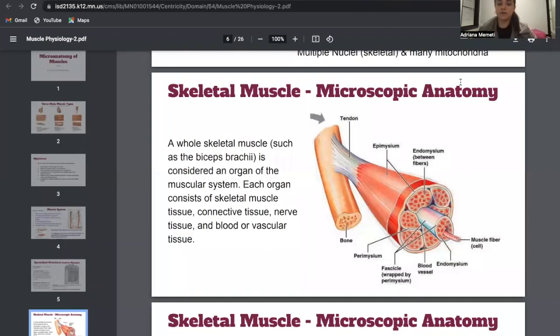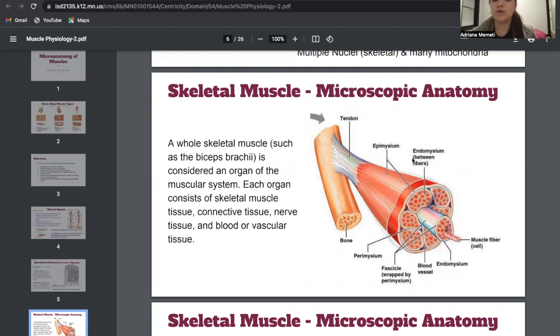Other compositions of the skeletal muscle that I would like to share are that the outer layer of the skeletal muscle is the epimysium. The epimysium is made of layers of connective tissue, more specifically of dense irregular connective tissue.